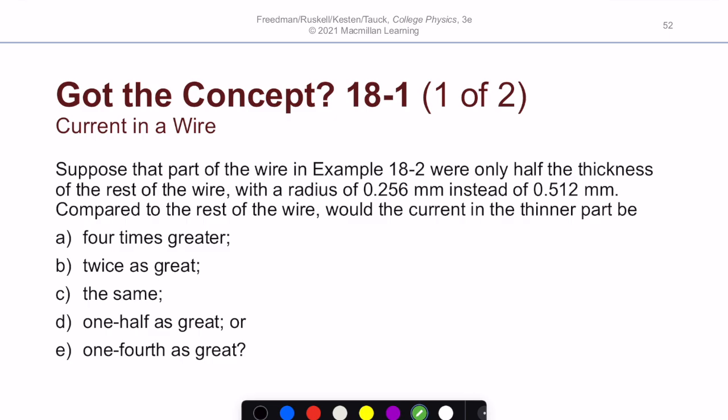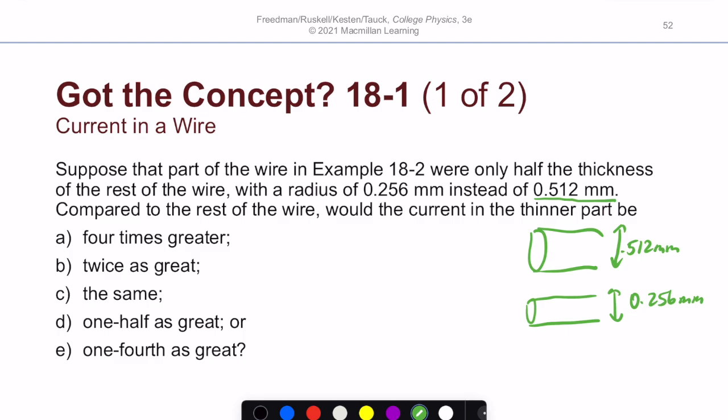The initial thickness was 512, and now we have a slightly narrower wire that is 256 millimeters. Compared to the rest of the wire, meaning compared to the thicker part of the wire, what would the current in the thinner part be?